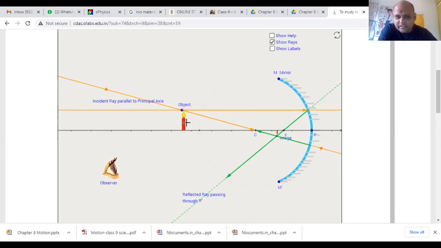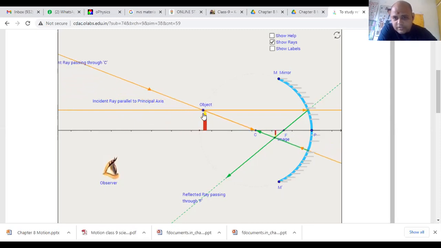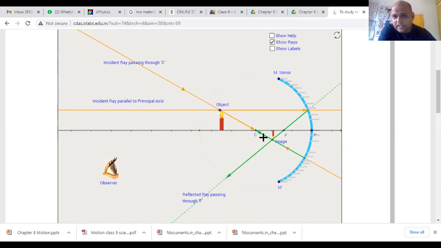It is increasing. When it is very close to C, look at the image formation. It is between C and F. The image is virtual. Image is still diminished, still small.